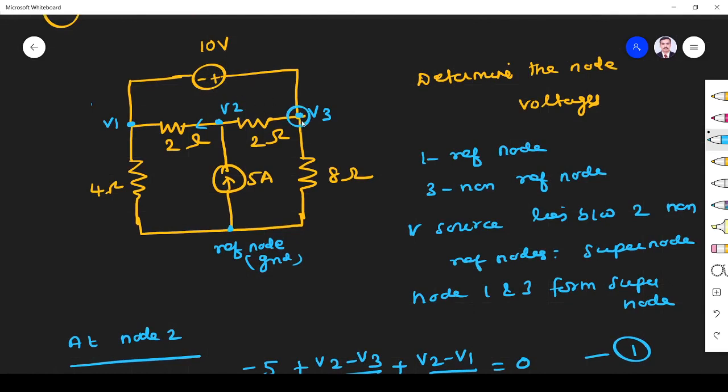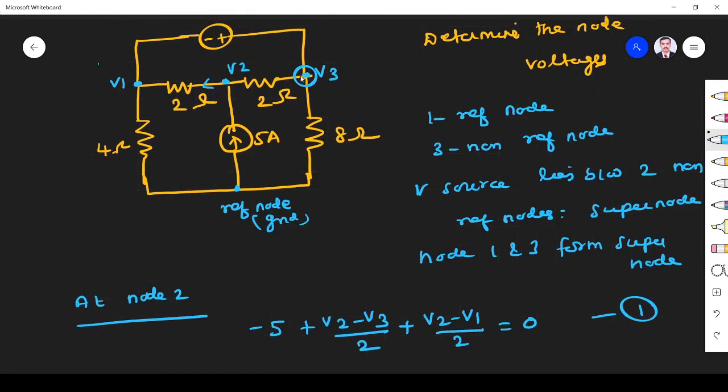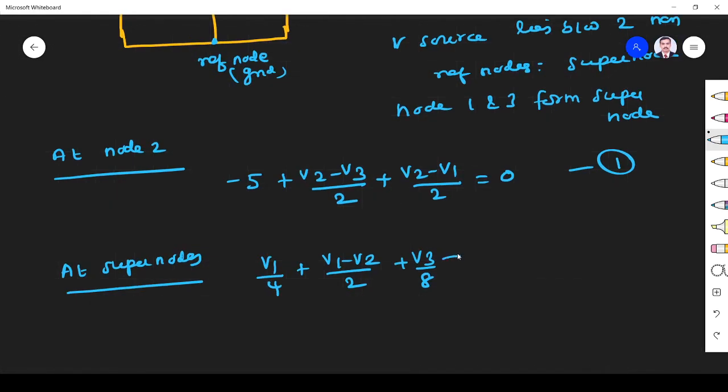At node 3, it is V3 by 8, plus V3 minus V2 by 2, is equal to 0. This is equation number 2.